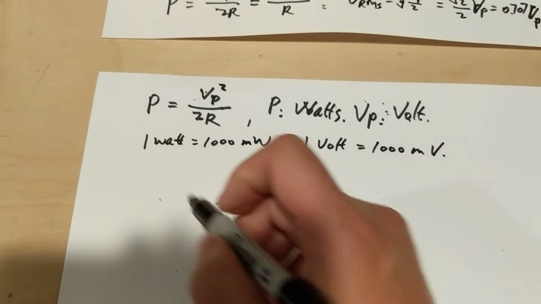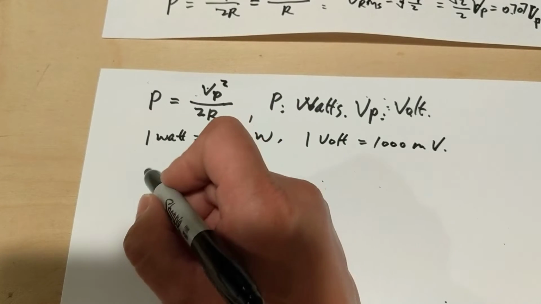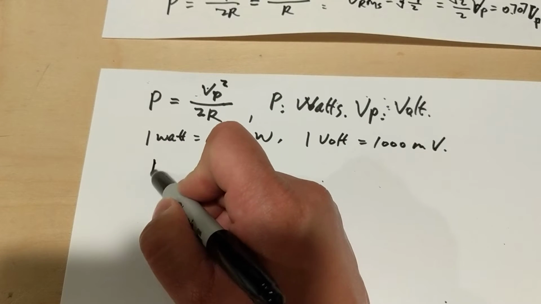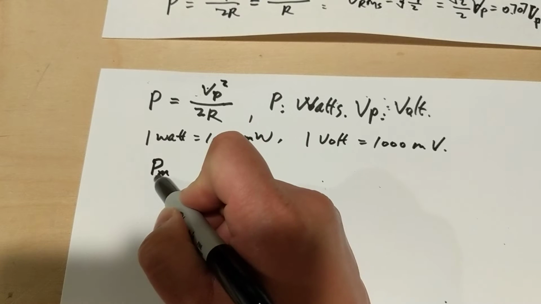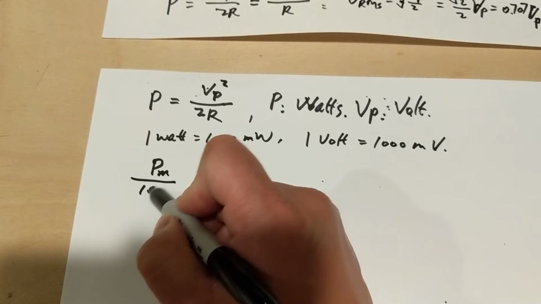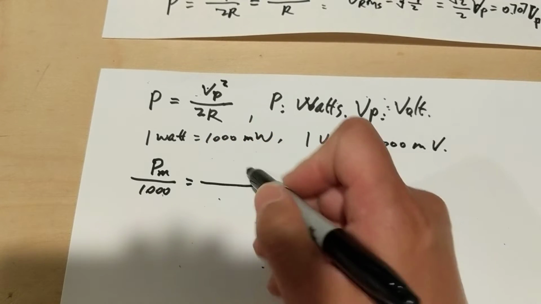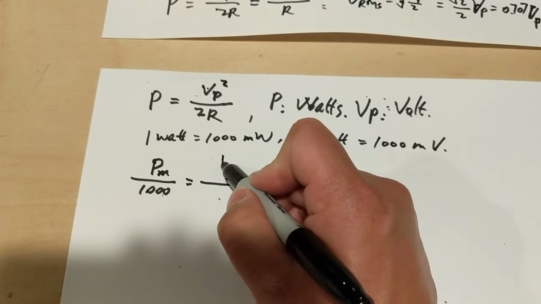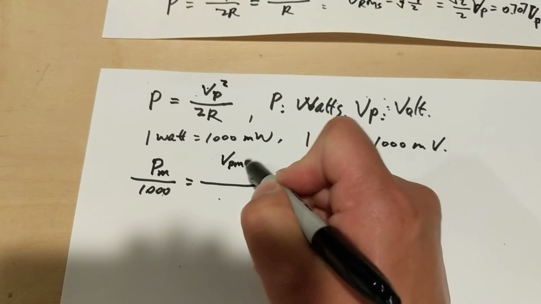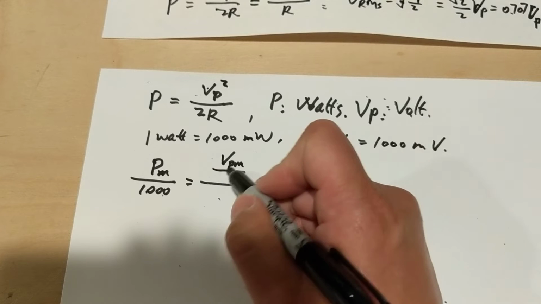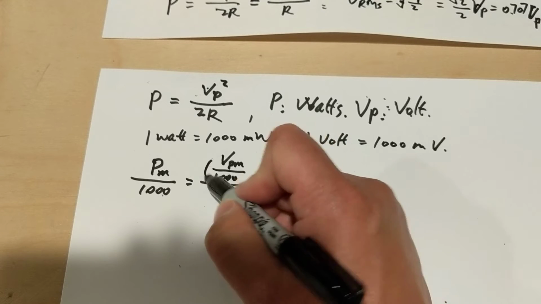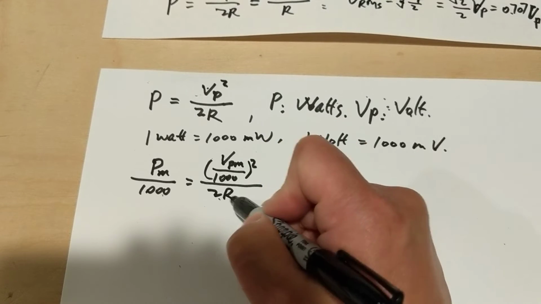So that's using watts and milliwatts to convert this equation. So this power in milliwatts divided by 1000 equals the peak voltage squared over 2R.